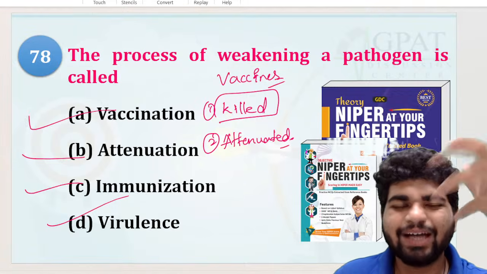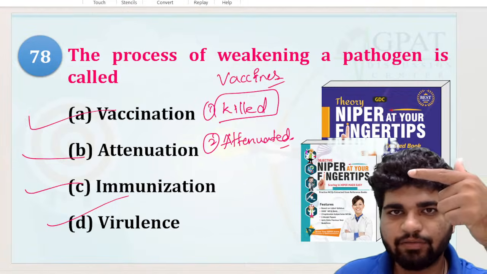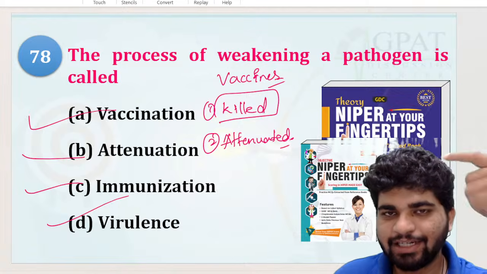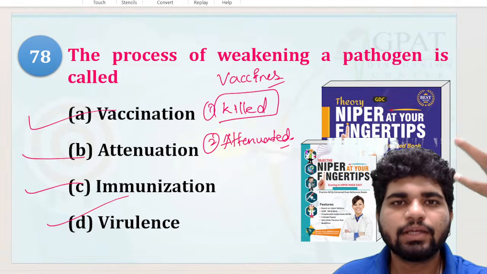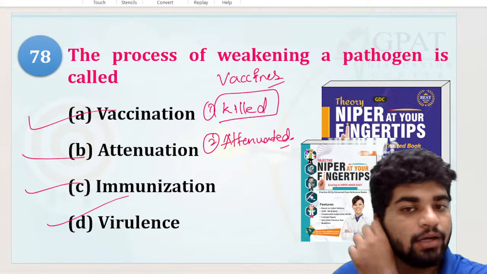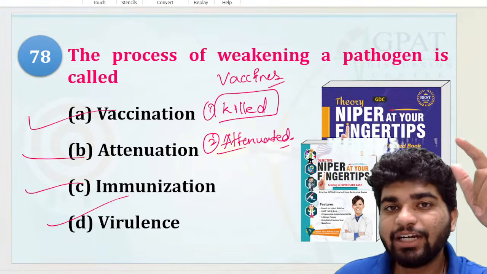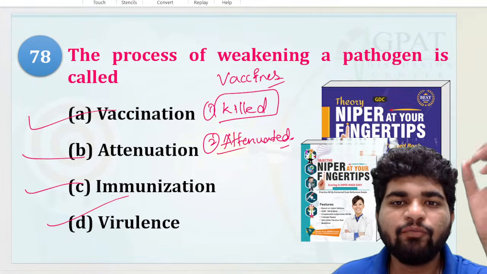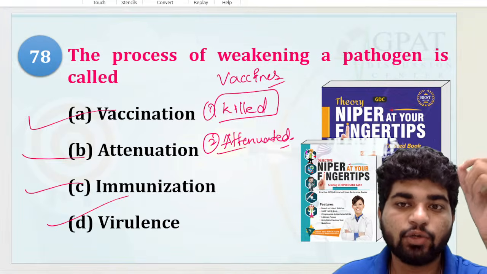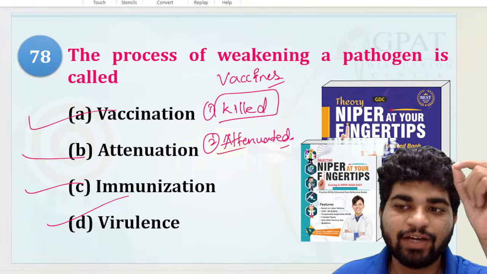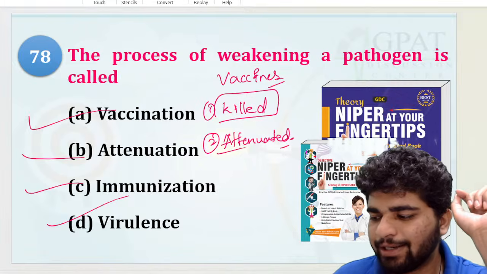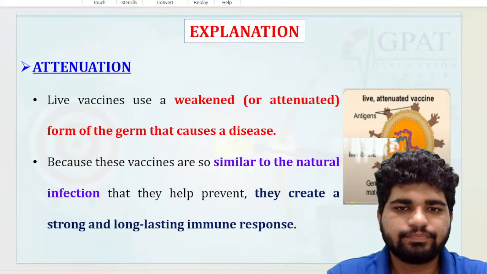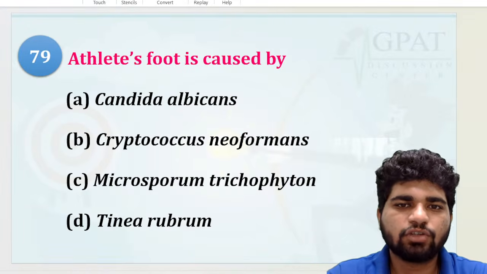The pathogen, whether it is fungal, bacterial, or viral, is killed and injected as a vaccine, so that our body can make antibodies against that. Attenuated means the virus is alive, but the virulence activity of that virus is diminished. That's why it is termed attenuated. Okay, attenuation.